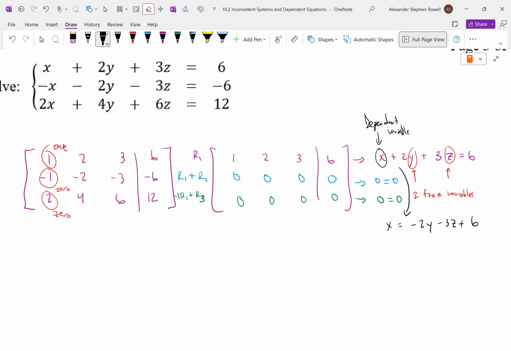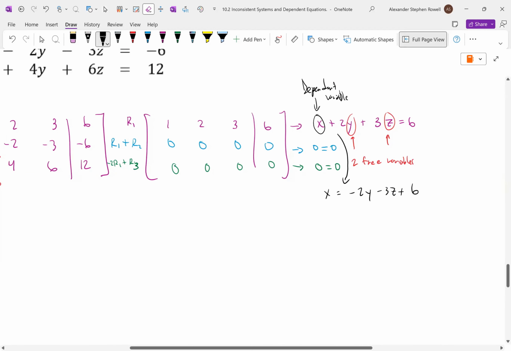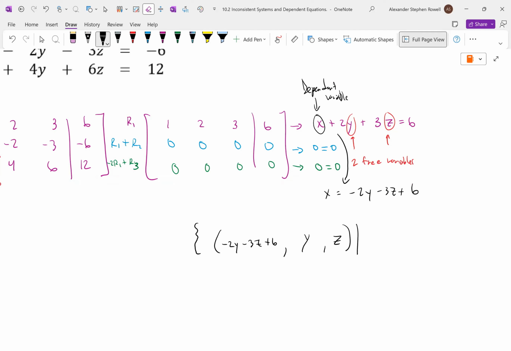So we subtract 2y from both sides, subtract 3z from both sides, and our ordered triples are of the form z can be anything, y can be anything. Once those free numbers have been picked, then x must be of the form negative 2y minus 3z plus 6. So all ordered triples of this form such that y and z are any real numbers.